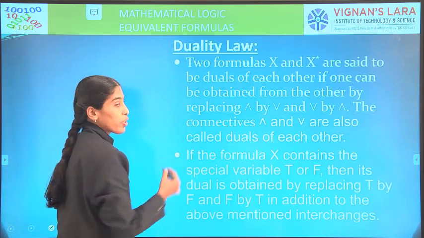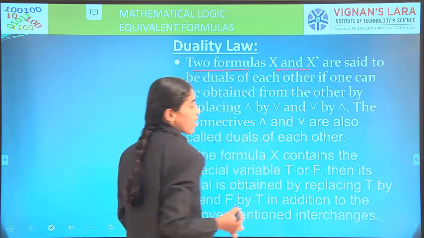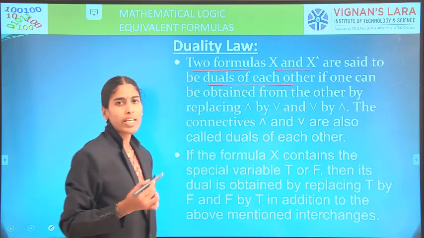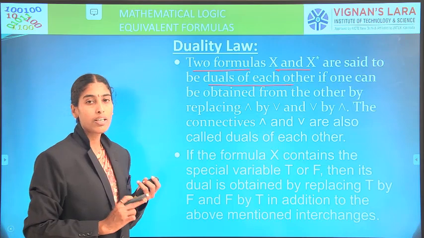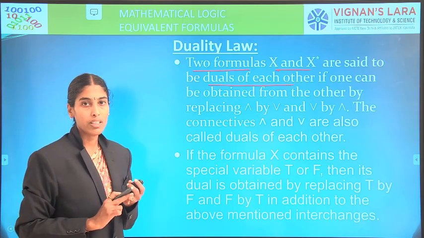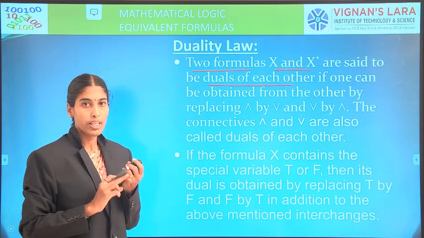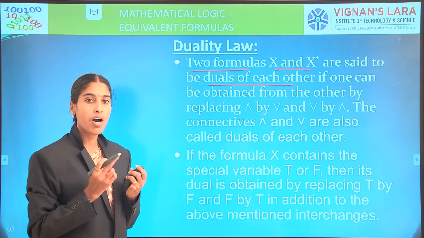Next, coming to the duality law. Two formulas X and X star are said to be duals of each other if one can be obtained from the other by replacing AND symbol by OR and OR symbol by AND. And also if the expression consists of special symbols, if true T is there, then replace T by false, and false by true.